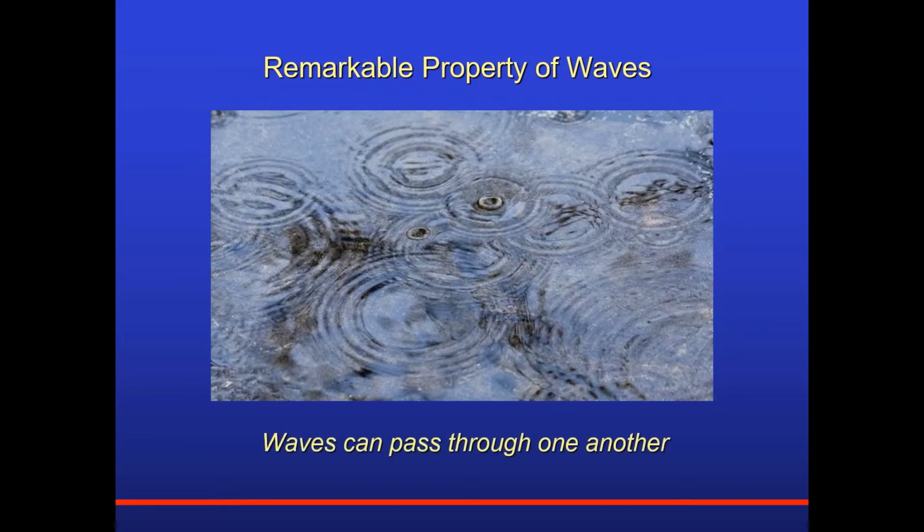What you notice, the waves can pass through one another. That's very remarkable. I mean, two people cannot pass through one another. Two cars, they're not going to pass through one another. But waves can pass through one another and keep on spreading outward.